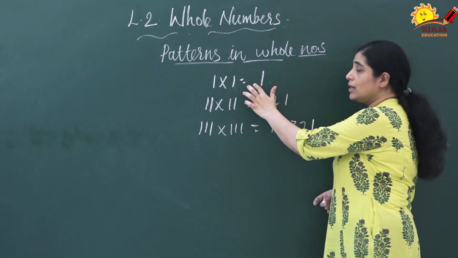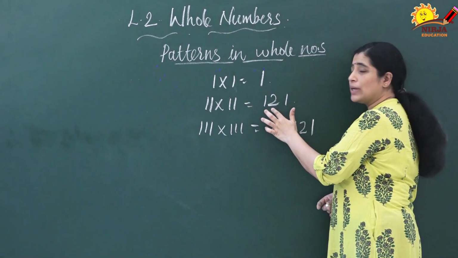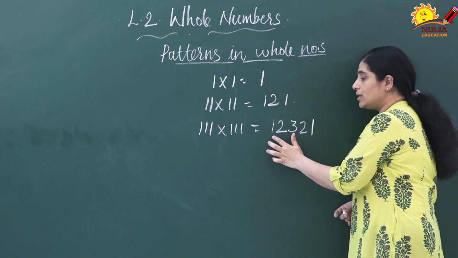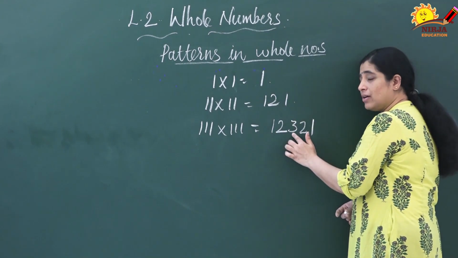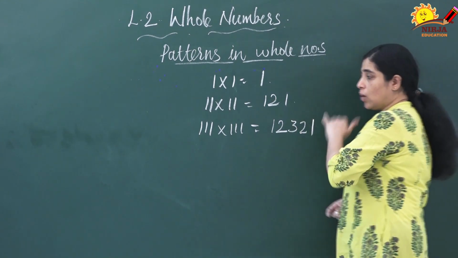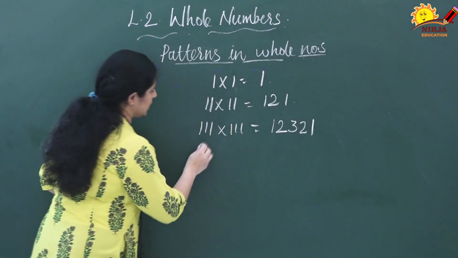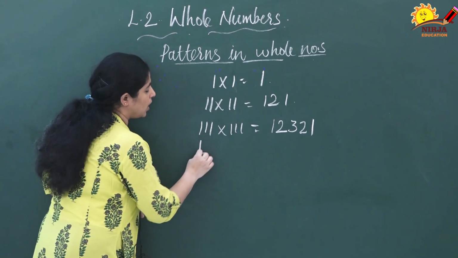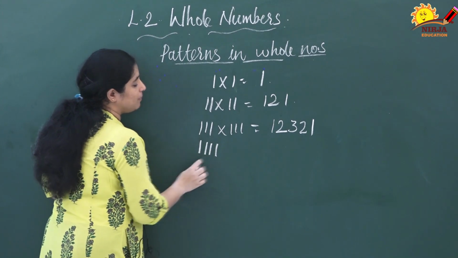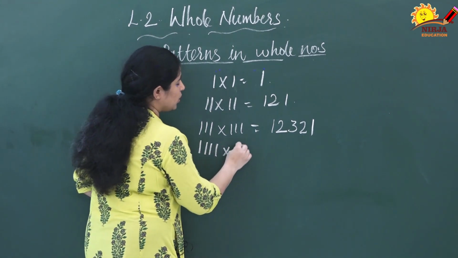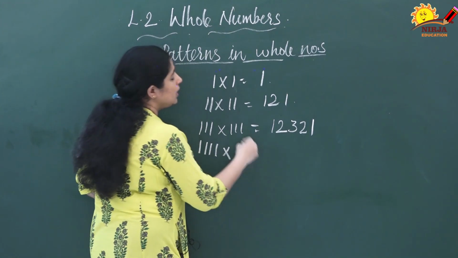Yes, here 1, then 1, 2, and again that 1 comes here. Here see 1, 2, the next number 3, again this 2 and here 1. Now I am writing 4 ones instead of 3 ones: 1111 multiplied by 1111.